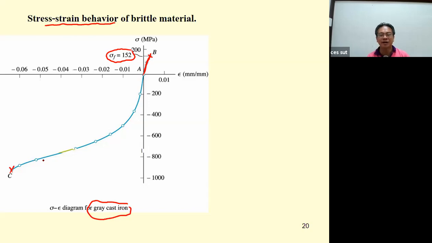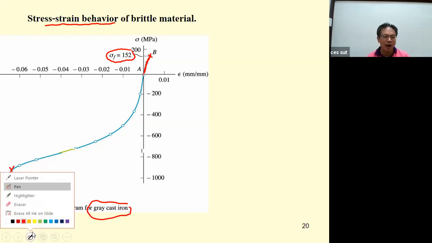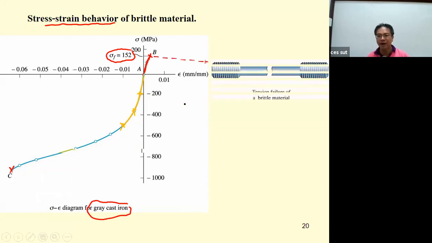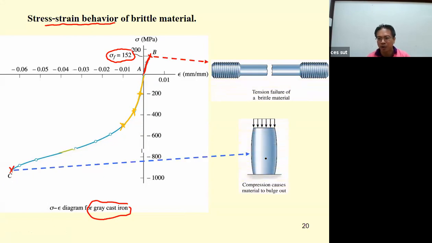Okay. However, what is the reason why in compression the cast iron has very high strength? It can be explained in this way. Under compression, the micro cracks close. When the micro cracks close to each other, there is also the Poisson effect that causes bulging.